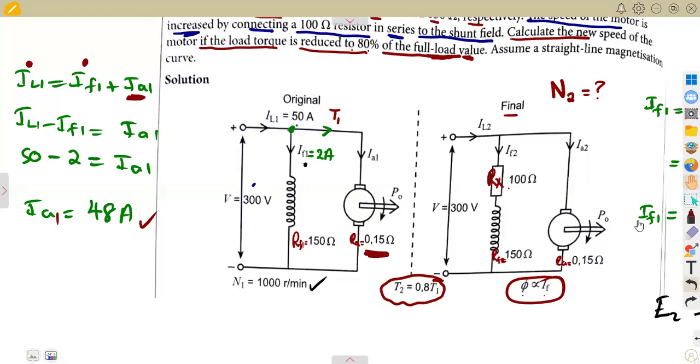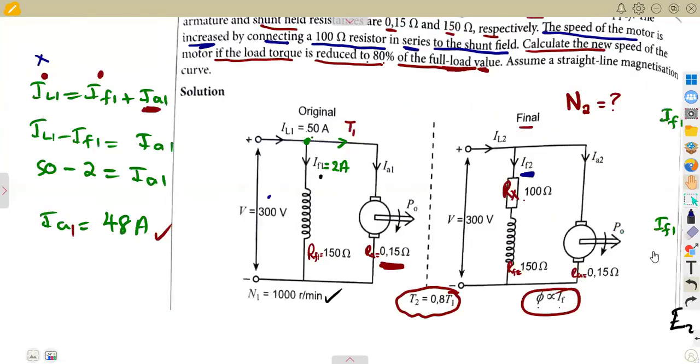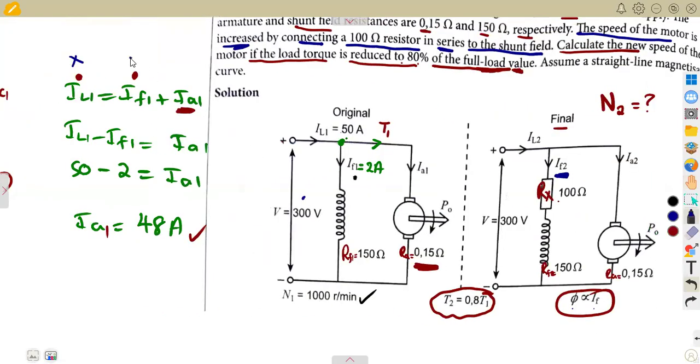But if we take it on the final circuit, we do not have the load current. The field current too, we calculated, remember, we got 1,2. The armature current too is the one that we are supposed to calculate.